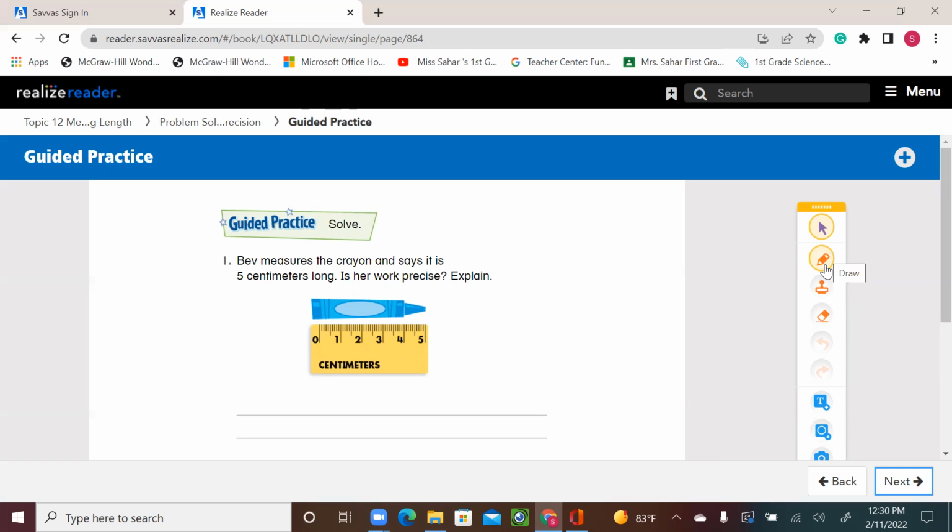So we can put this explanation over here. We're going to say that no, her work is not precise. Why we think she's not, because she does not line up the crayon starting from the 0.